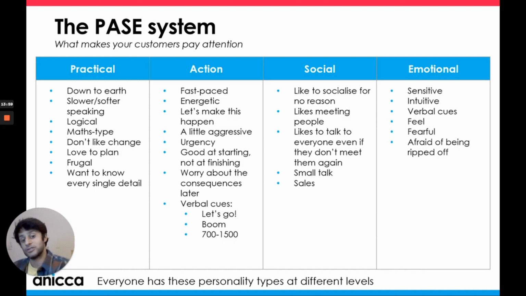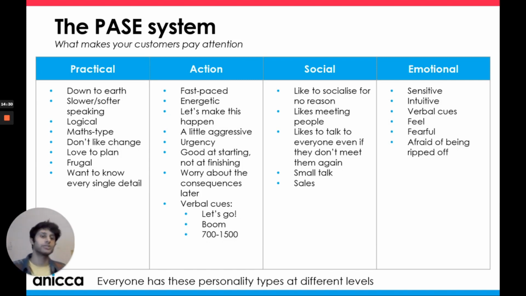So if you're in a sales situation and you want to appeal to people with a high level of social personality, a good way is to identify something in them, create some small talk about that, and then come in with a pitch. It's all about establishing that relationship first. So that's the social personality type.